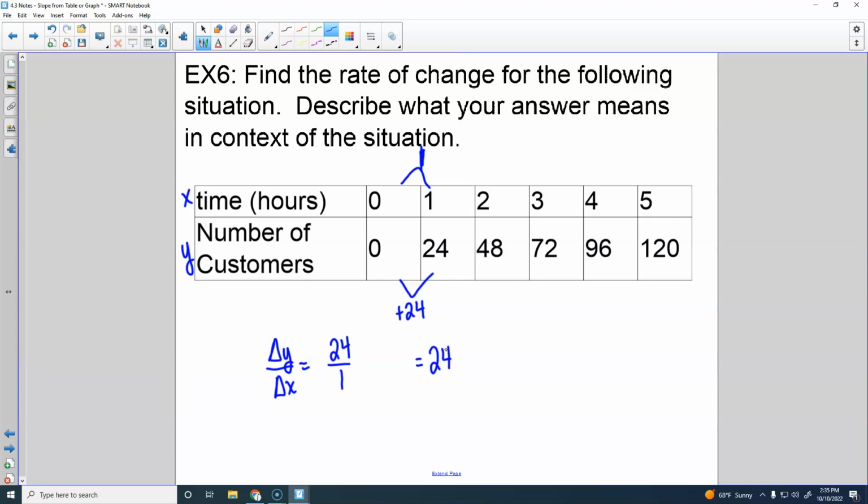It's 24 customers per hour. Sometimes you might be a little confused about what goes where for your units, but your Y, how was your Y measured? Like what was it counting? Number of customers, right? So this top number, that 24, that was customers.